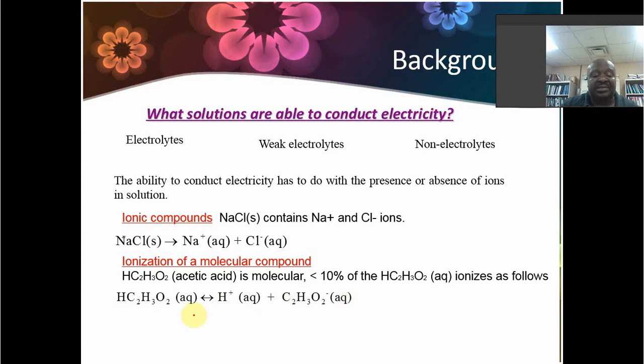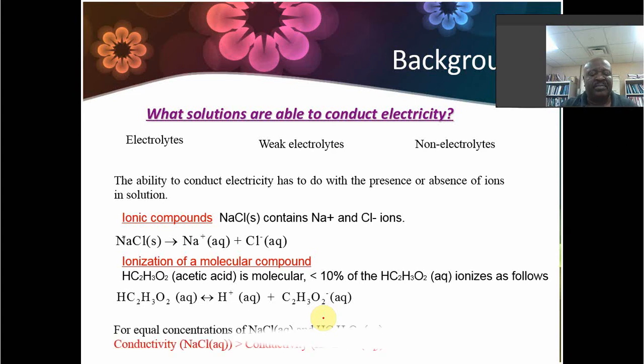It goes to the right-hand side only about 10% of the way. So if we're looking at the conductivity of the two, we would expect the conductivity of sodium chloride to be higher than that of acetic acid. That makes sense? You're good. Moving right on, my friends.